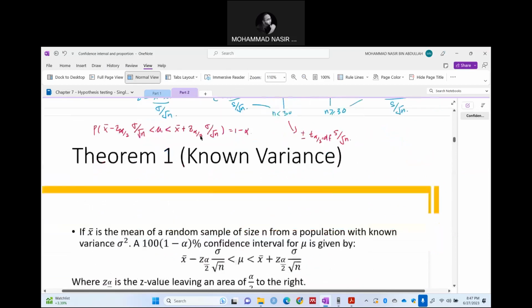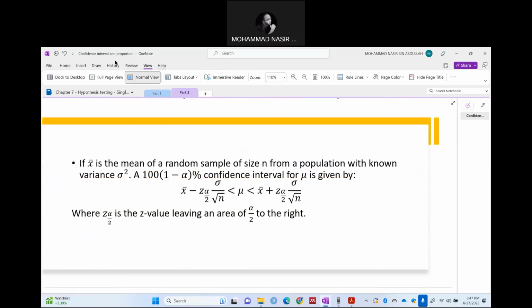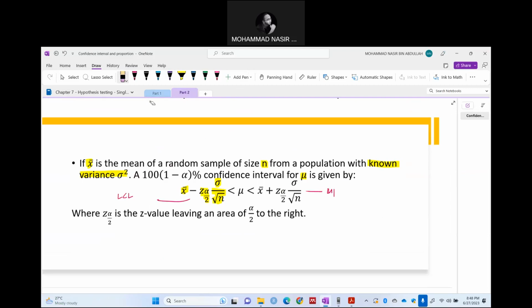Right. So now, theorem number 1. If X bar is the mean of a random sample of size N from a population with known variance, right? So 100 times 1 minus alpha percent confidence interval for mu. This is confidence interval for mean, right? Is X bar minus Z alpha divided by 2 sigma over square root of N. So this is minus, this is plus, where this is the lower confidence limit and this is the upper confidence limit.